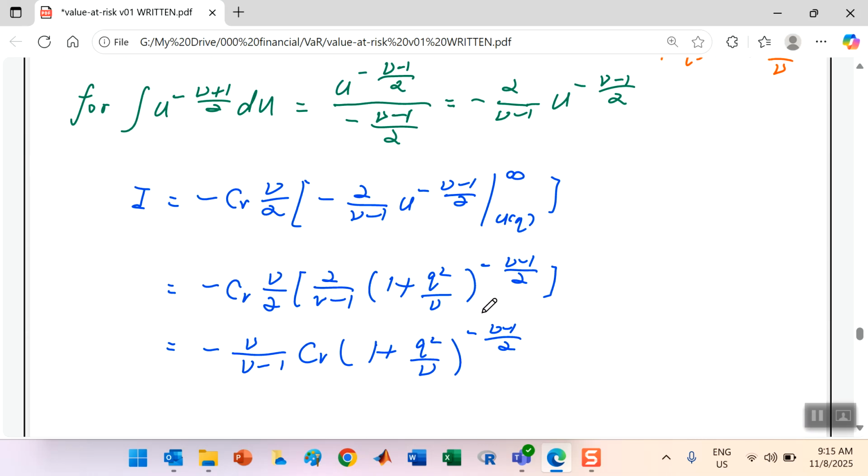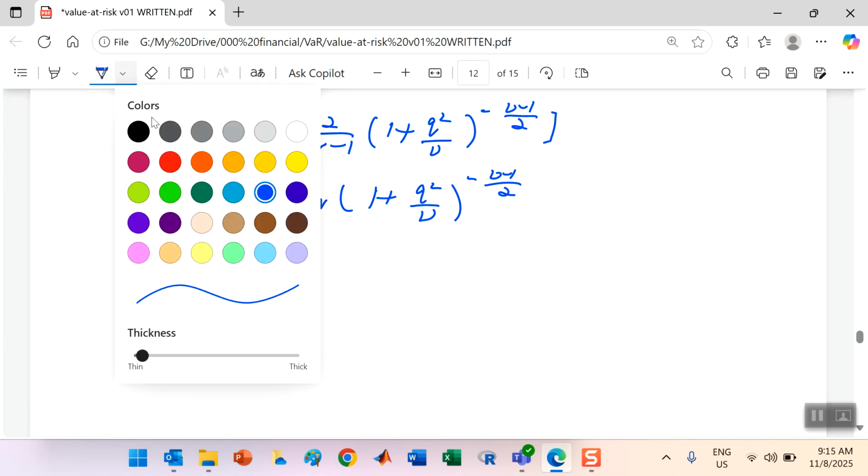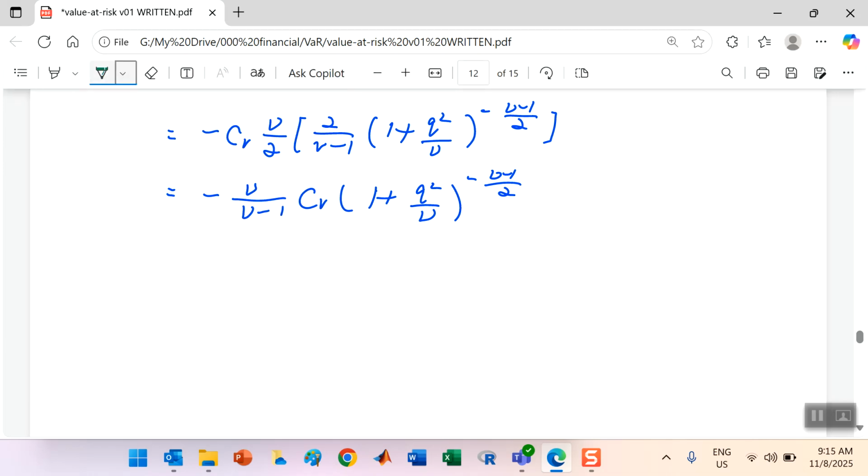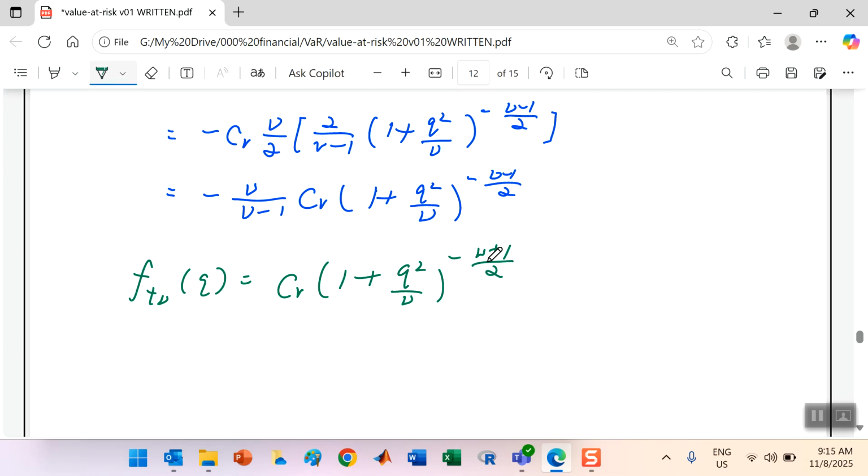Later, we know our f_t just now, for z or q, let's say. This is CV times (1 + q²/μ) to the power of −(μ+1)/2.